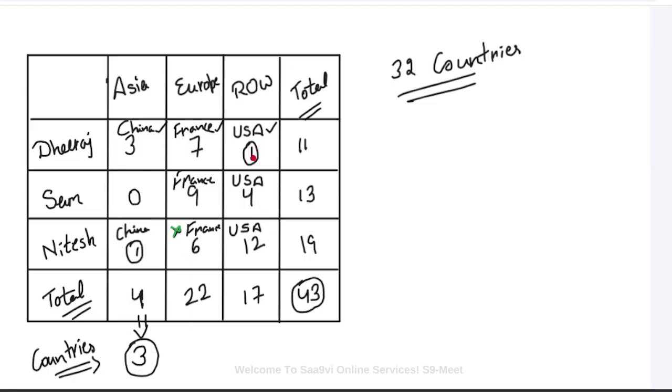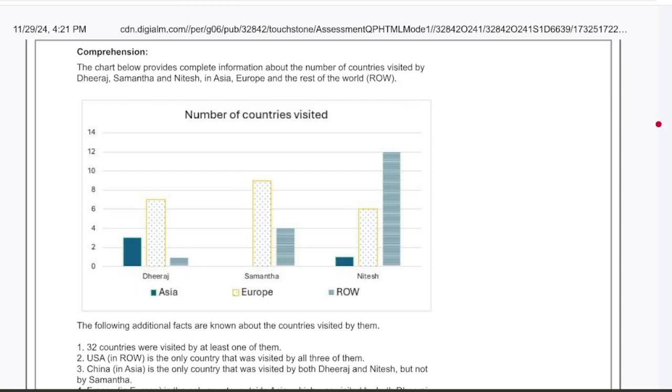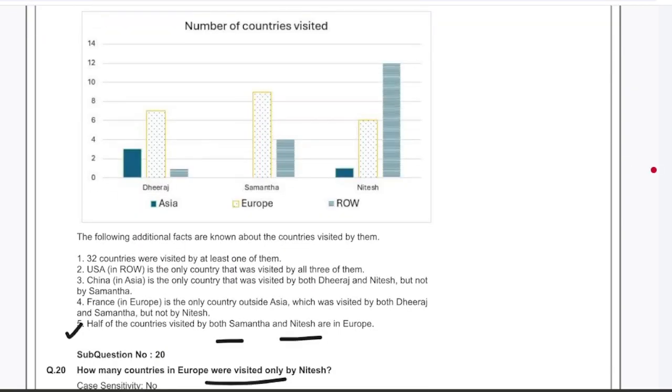That means if one country was taken as unique, then 3 countries here apart from USA, and 3 countries for Nitesh have to be the same, because it's clearly said in this line: France is the only country outside Asia which was visited by both Dheeraj and Samantha.